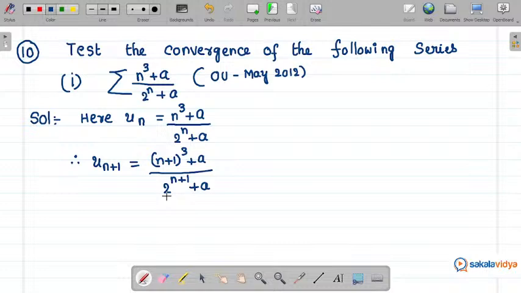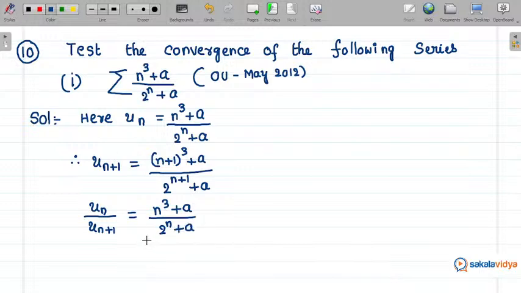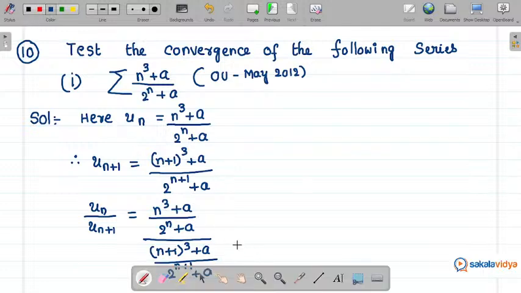So, now let us simplify the un by un plus 1 value. This is equal to (n cube plus a) divided by (2 to the power of n plus a), divided by ((n plus 1) whole cube plus a) divided by (2 to the power of n plus 1 plus a).